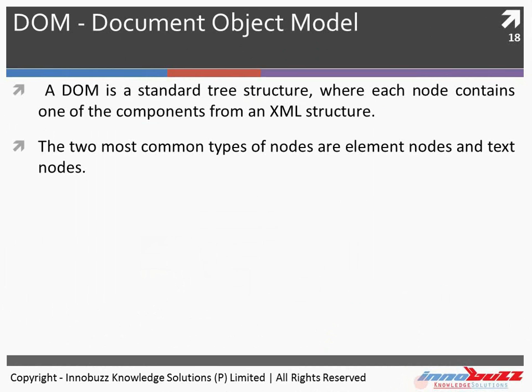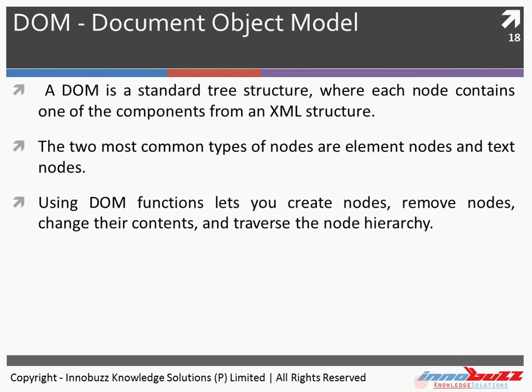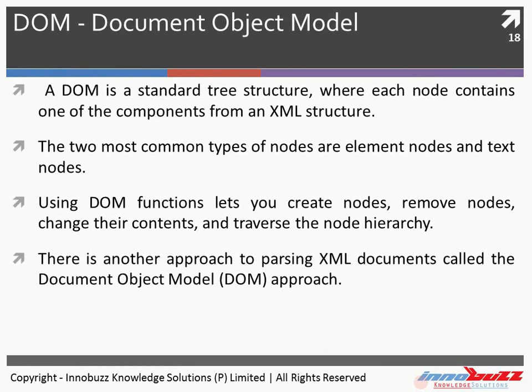The two most common types of nodes are element nodes and text nodes. Using DOM functions, you can create nodes, remove nodes, change their contents and traverse the node hierarchy. There is another approach for parsing XML documents called the document object model approach. This is also one more approach used for parsing XML documents.